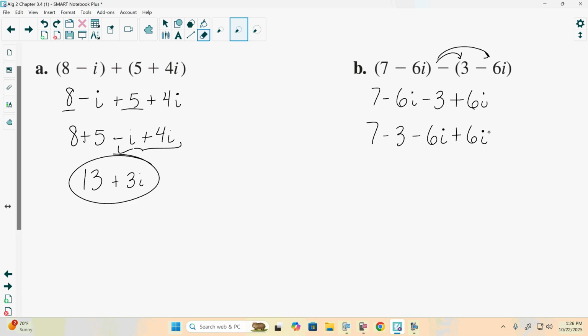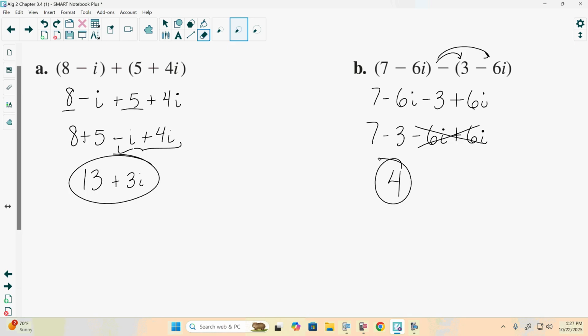So our 7 and negative 3 are like terms, so they'll go together, and 7 minus 3 is 4. What is negative 6i plus 6i? 6i minus 6i is 0. 6 minus 6 is 0.